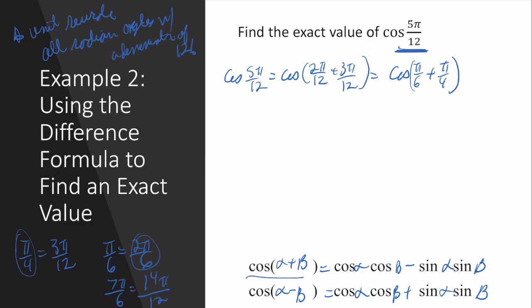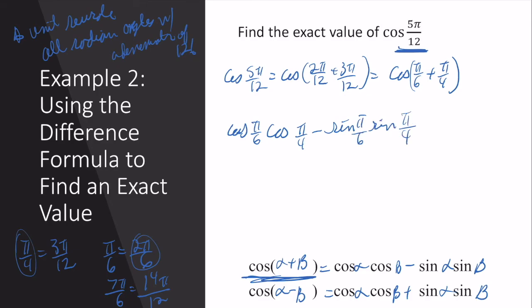And I can use the sum of a cosine formula to solve this. So I'm going to take cosine of pi over 6 times cosine of pi over 4 minus sine of pi over 6 sine of pi over 4.